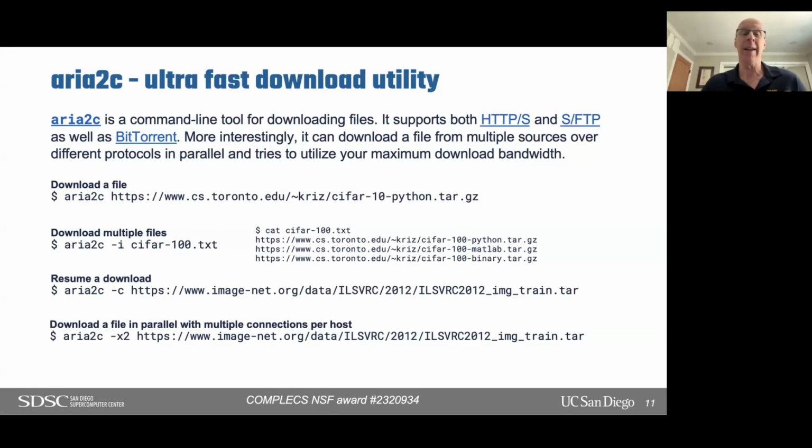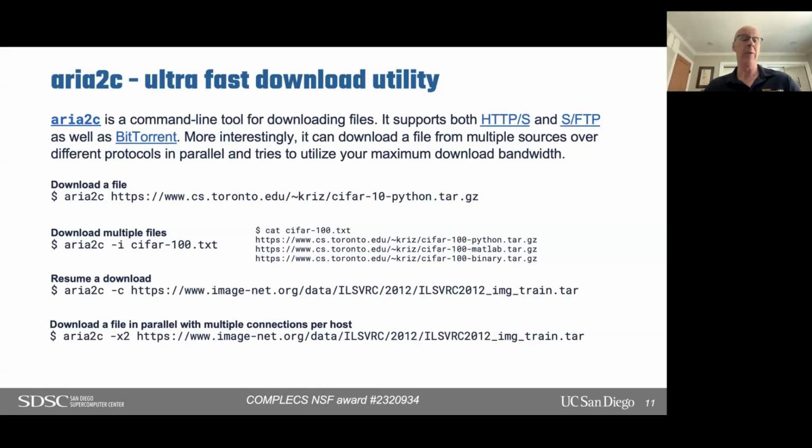So again, a fairly sophisticated tool. If we just want to download a single file, it's aria2c followed by the URL for that file. Like wget and curl, we can also download multiple files. In this case, it's the -i option again, where the text file just lists the URLs.